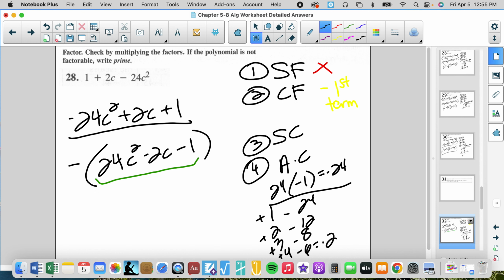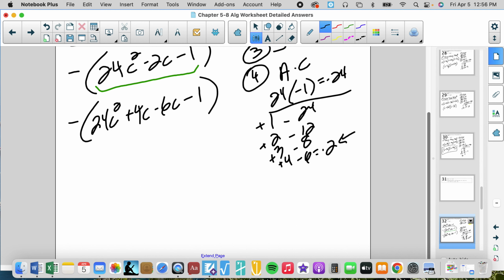And this gives me my negative 2. So that negative's out here. This green part becomes 24c squared. I'm going to split my middle to positive 4c and negative 6c, which simplifies to negative 2c. And then I bring down my negative 1. So I haven't changed anything. I just have this negative hanging out there.